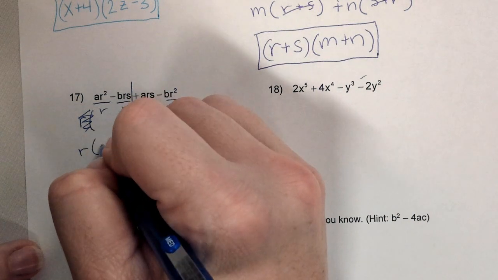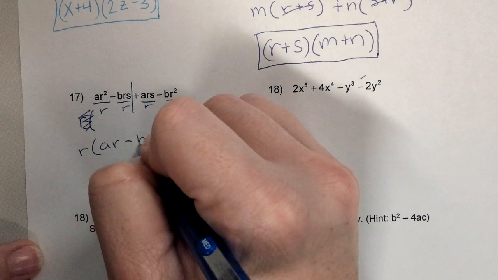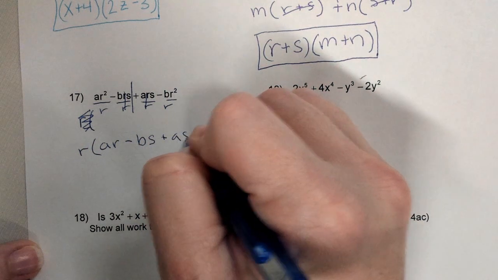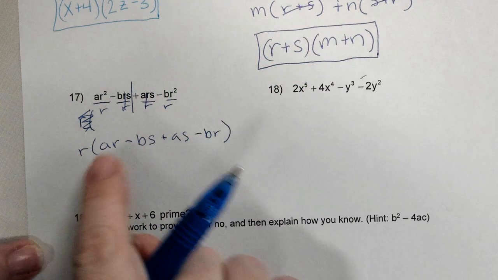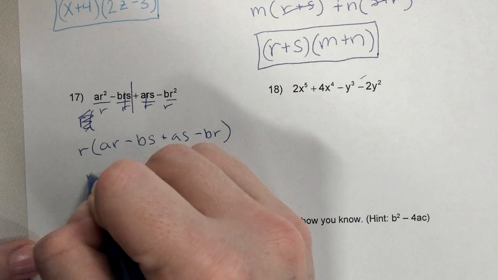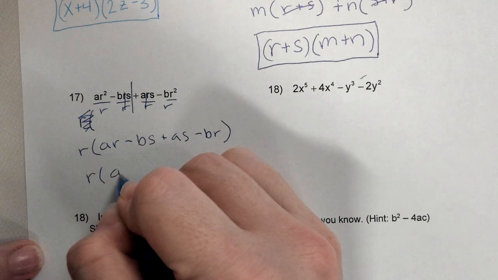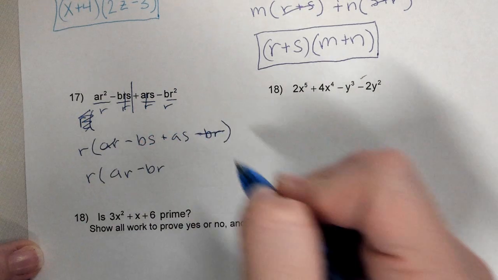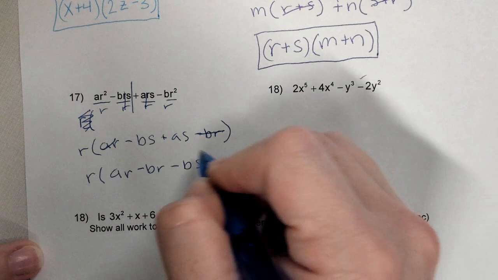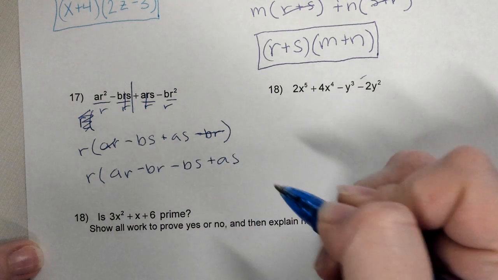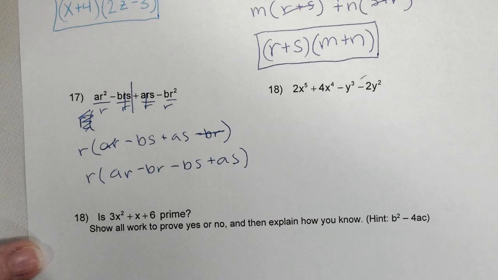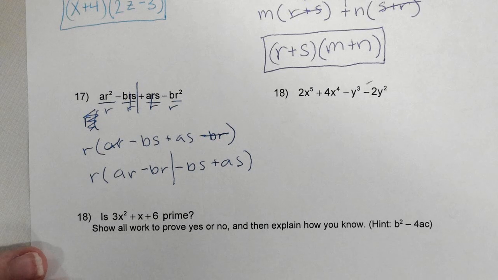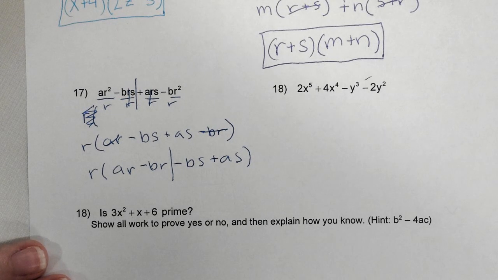So when I take that r out, I'm left with AR minus BS plus AS minus BR. However, now I have things that are not in common, so I do need to rearrange. So I'm going to do AR minus BR, so I did that one and that one, minus BS plus AS. And cut it in half. Actually, I'm going to flip these.